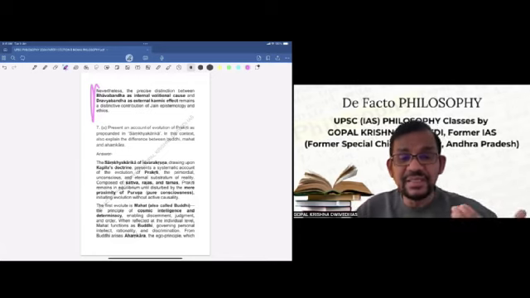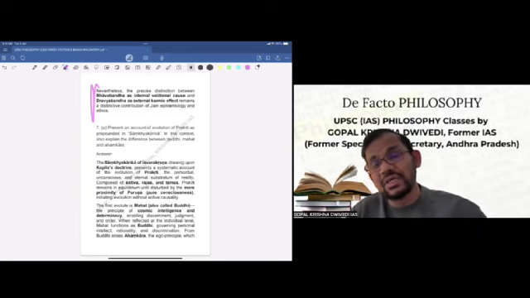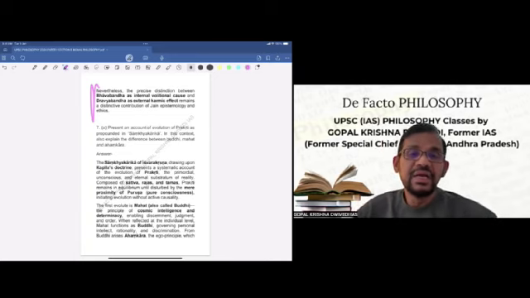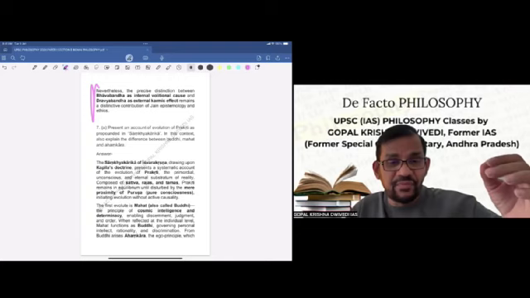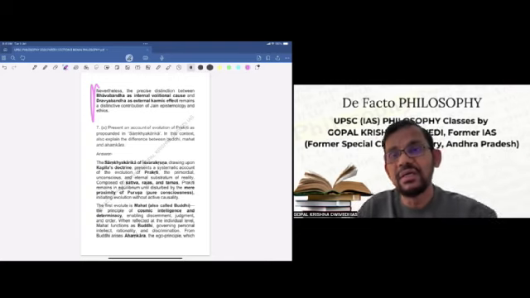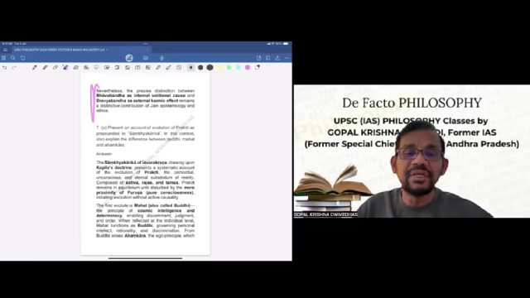From Buddhi arises Ahankara. In the whole process, differentiation is also being given, because the question asks to differentiate between Buddhi, Mahat, and Ahankara. So the second paragraph not only describes the evolution, but also describes the difference between these three components.